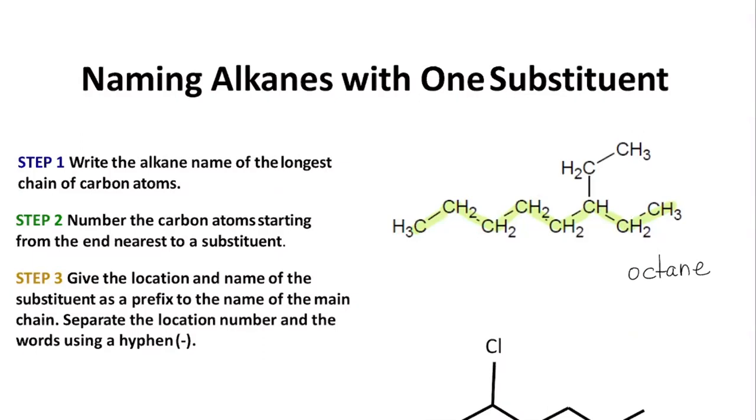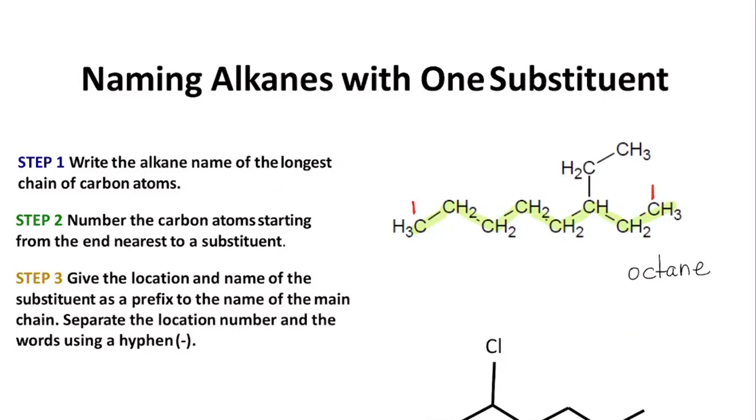Now, we have to count the carbon atoms from the end that is nearest a substituent, okay? So what will be carbon 1? Will it be this end or would it be this end? Meaning the one on the left or the one on the right? What should be my carbon 1?